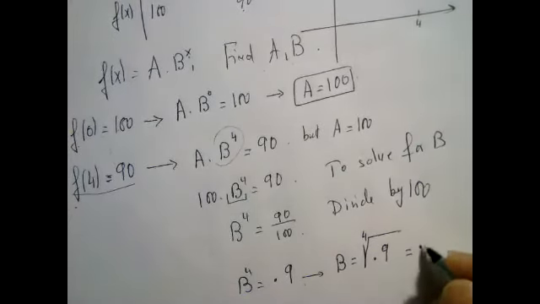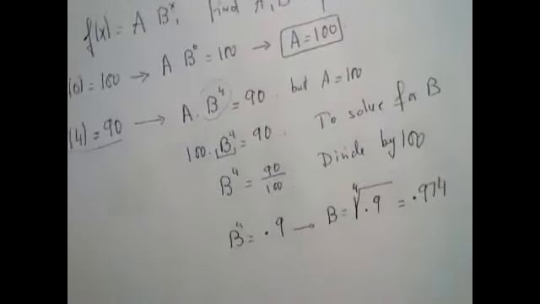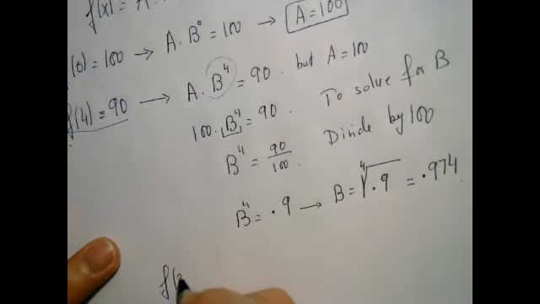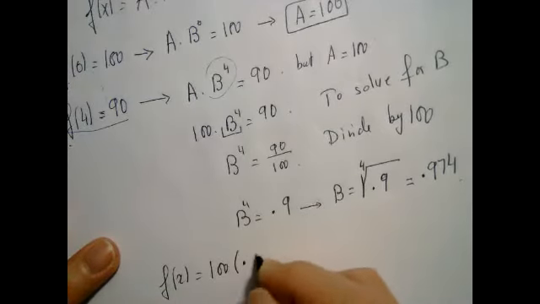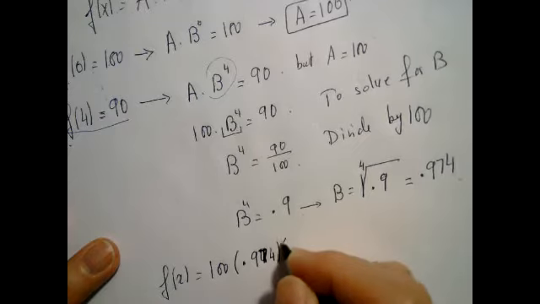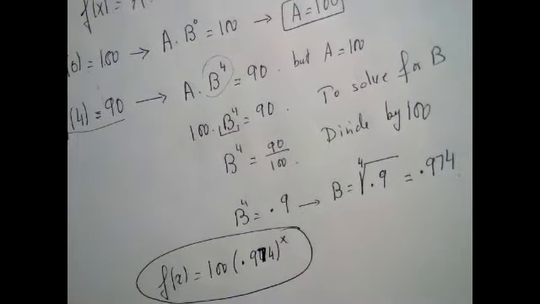So if you guys are doing it, 0.974. So what's the formula now for f of x? It means f of x is going to be equal to 100 times b to the power x. And really the b is 0.974.